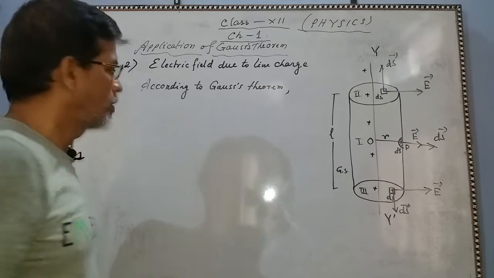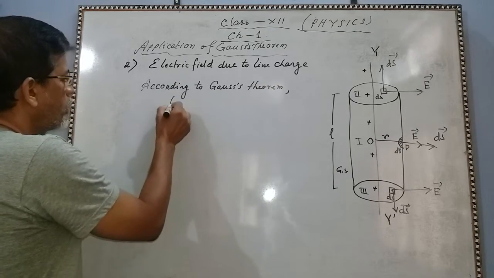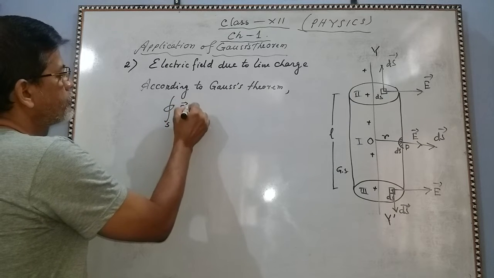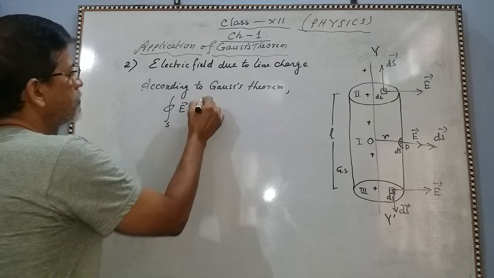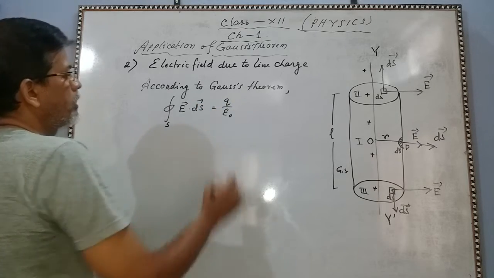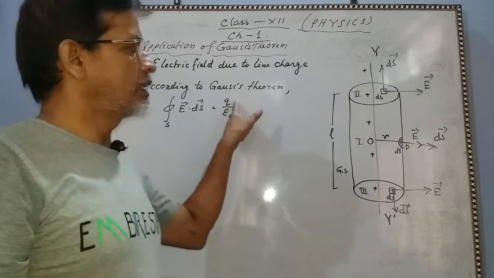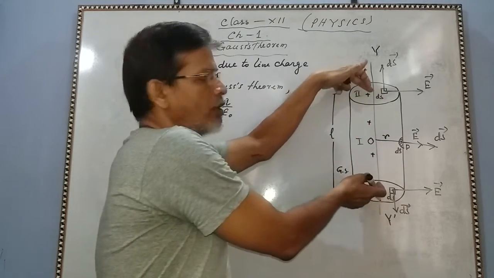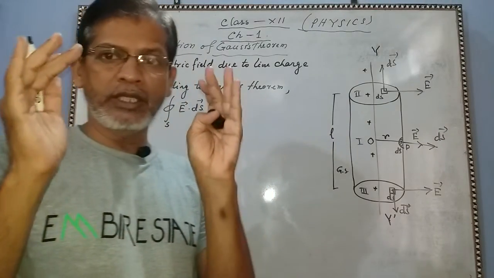Integration over the closed surface E dot ds equals q by epsilon naught. Suppose the charge enclosed by the Gaussian surface is q. Up to this portion the charge is q.